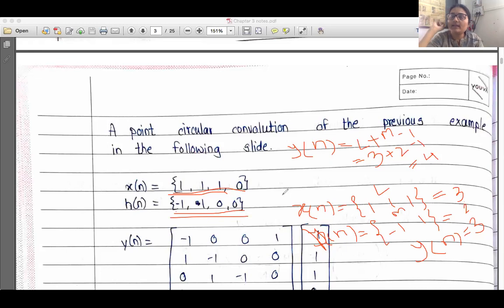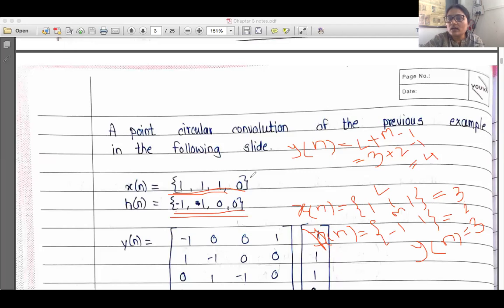While adding those zeros, one care we should take is that we should calculate the length of the output sequence. Here in this case, the length of the output sequence which we have calculated is equal to 4. So in order to get the length equal to 4, what am I supposed to do? I am supposed to add the zeros at the end of each sequence.